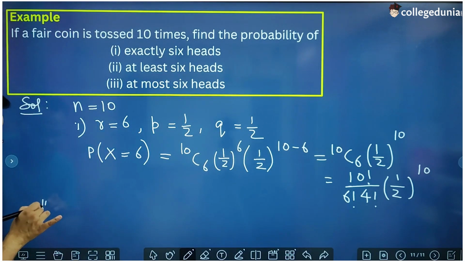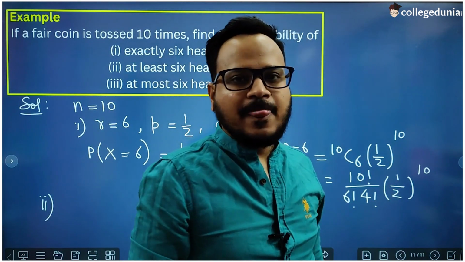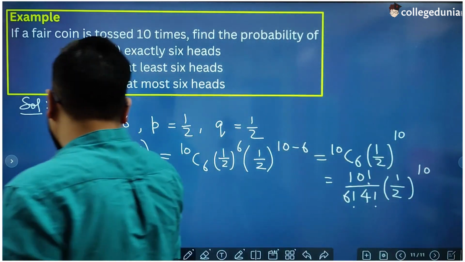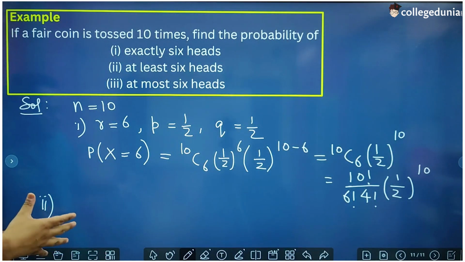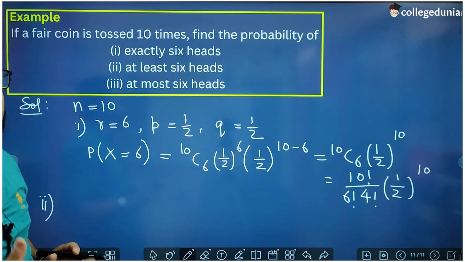In the second case we are supposed to find the probability of at least 6 heads. At least 6 heads means the number of heads can be 6, can be 7, can be 8, can be 9, can be 10.